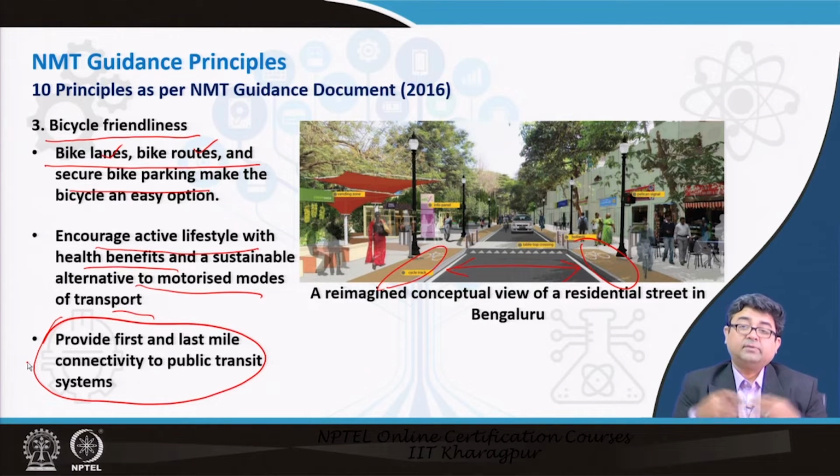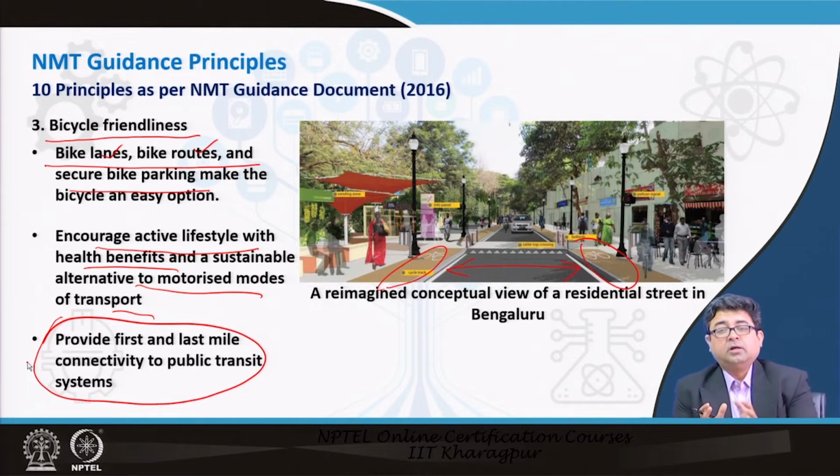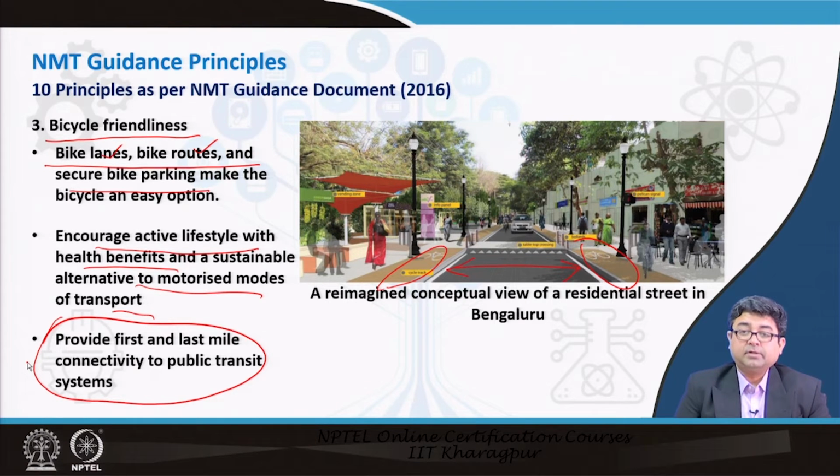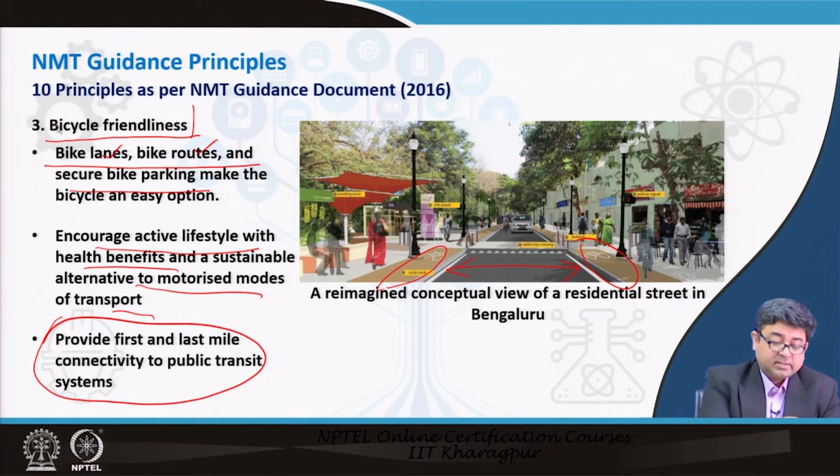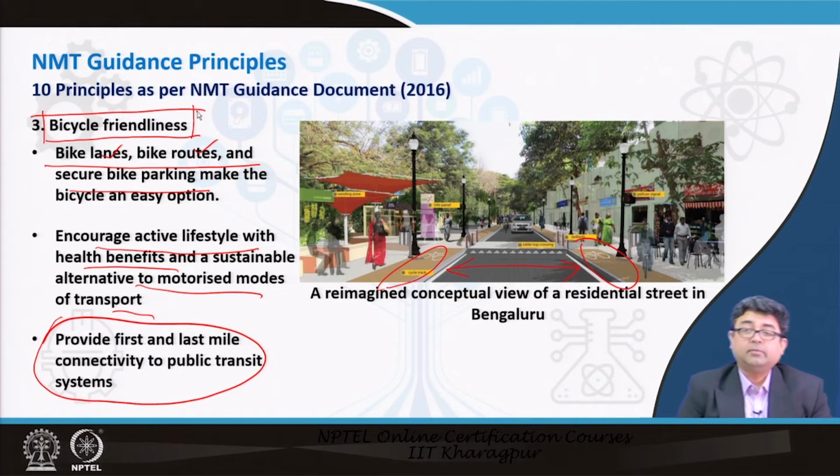You can have that sort of facility as well, but at least, as a bare minimum, have good connectivity from the catchment area of a metro station or a bus station or a BRT station to access the metro rails or BRTS, and then have at least good parking there, so that they can avail of the mass rapid transit or the public transportation in your city. So, bicycle friendliness is the third principle that has to be kept in mind when you are designing for NMT infrastructure.